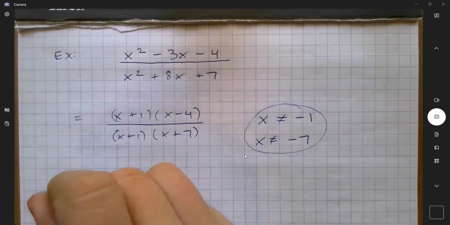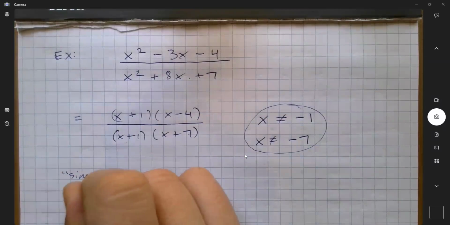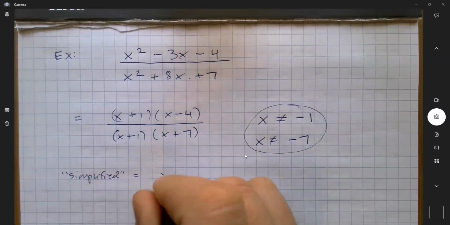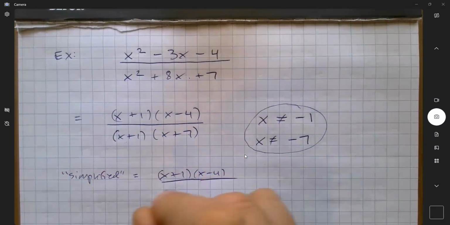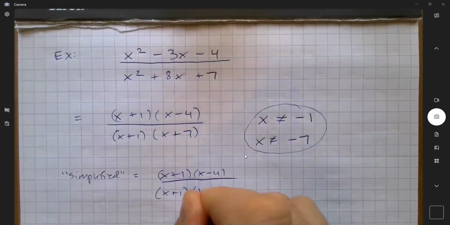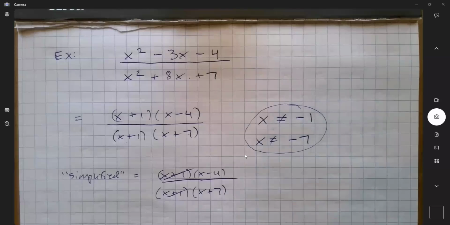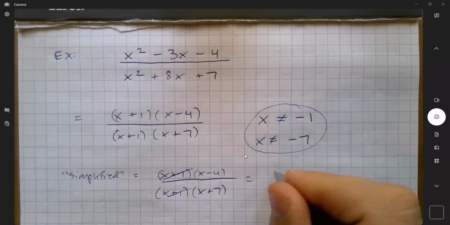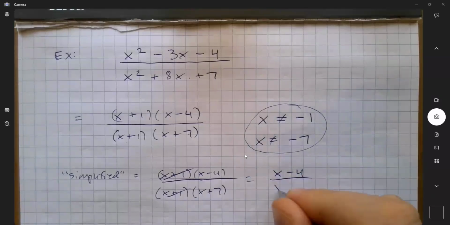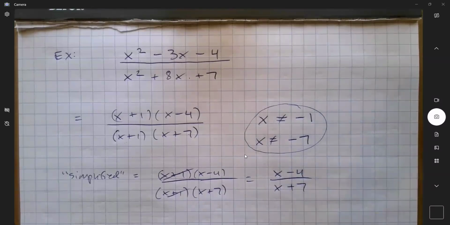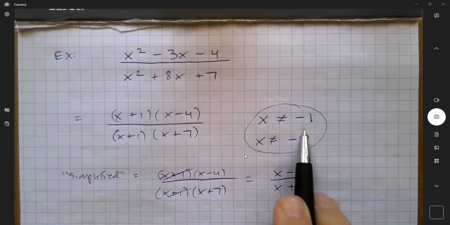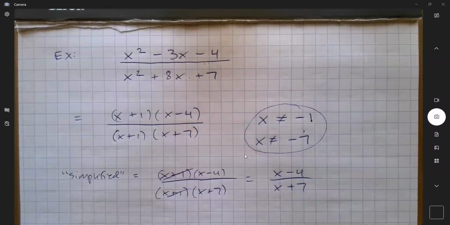So the simplified version would then cancel the x plus 1s in the top and the bottom. And that is a useful skill because it makes your calculations a lot easier. But when you are asked about what are the allowable values, you still need to look at your original equation. And you're going to see some homeworks like that.